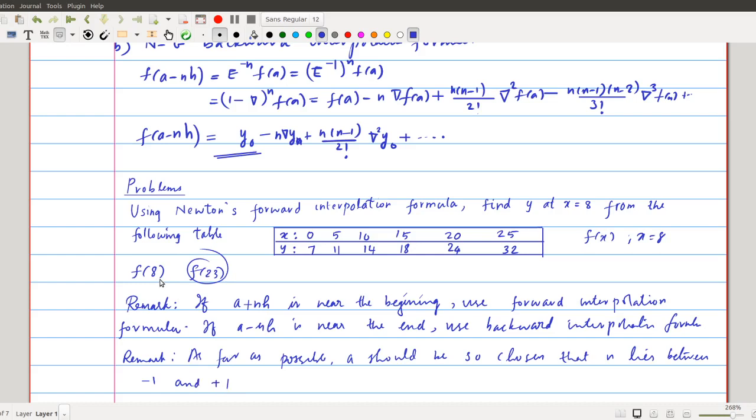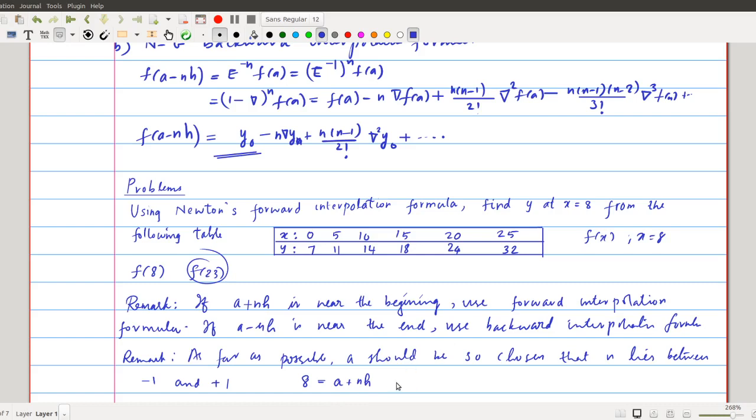Okay, so by comparing this 8, first of all we need to compare this 8 to a plus nh. Now you can choose this a in such a way that n should be in between -1 and 1.